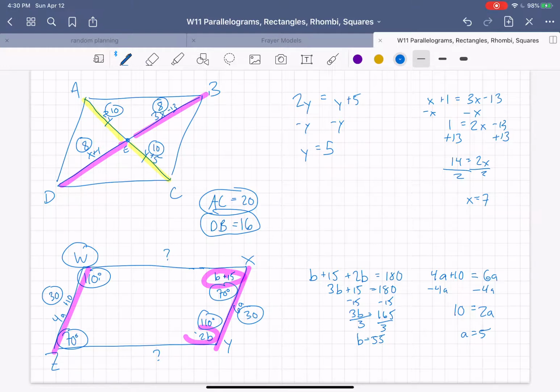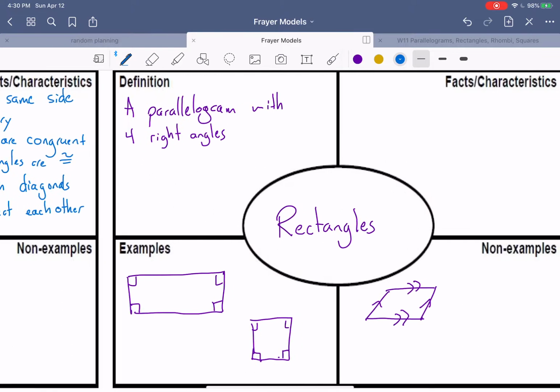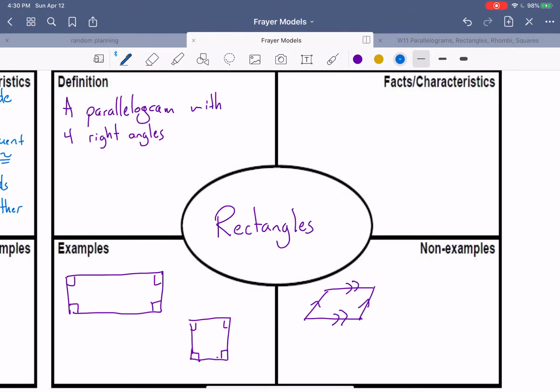So that's what we can do with parallelograms. I also said we're going to go over rectangles, rhombi, and squares. And they all have just small extra information on top of what we already know about parallelograms. So for a rectangle, it's a parallelogram with 4 right angles.